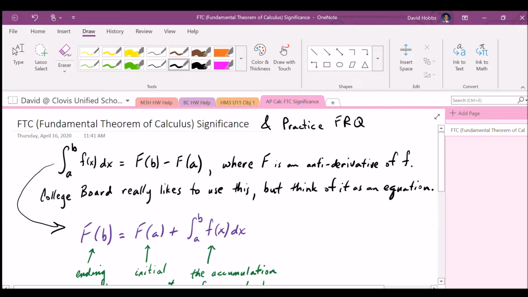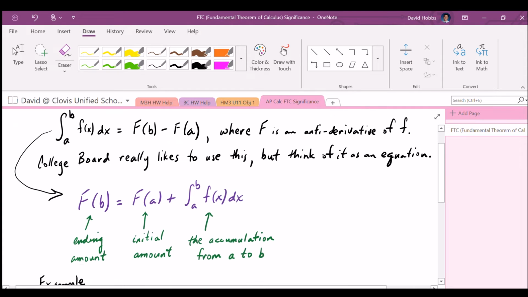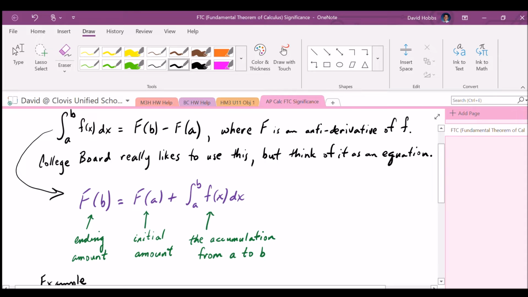Think of it like an equation: if we add big F of a to the other side, then big F of b is equal to big F of a plus the definite integral from a to b of f of x dx. The way you've got to think about it is, the ending amount is equal to the initial amount plus the accumulation from a to b.